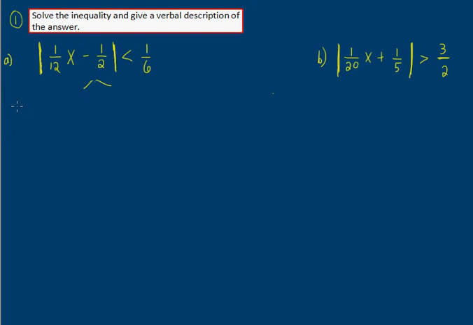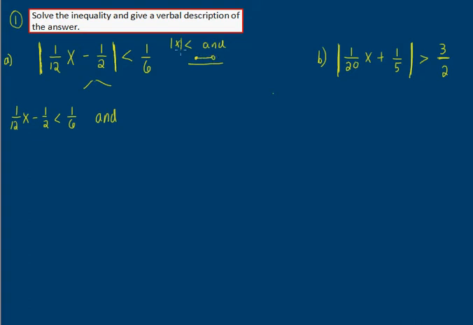I'm going to have 1/12 x minus 1/2 is less than 1/6. And because it's less than, I know that this is an "and" statement. Notice that when we have the less than symbol, and the x is on the left of an absolute value, we're going to have an "and" statement, and the graph is going to look like this.